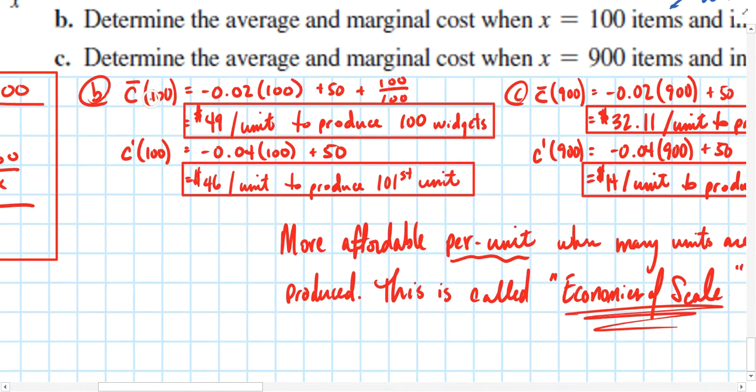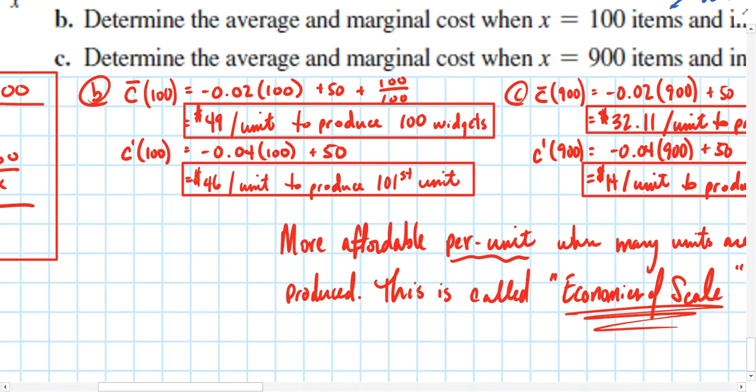Well, when we substitute 100 into the average cost function, we ended up getting $49 per unit. And so the total cost is going to be $4,900. And when we divide that by 100, we get $49 per unit to produce 100 of these widgets.